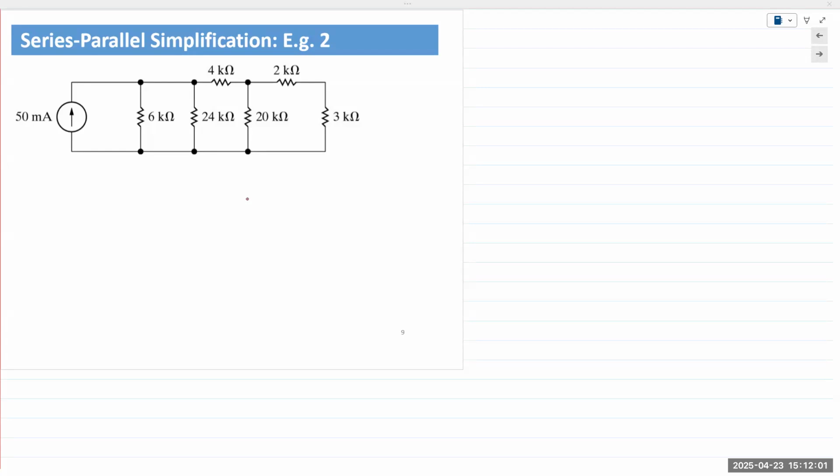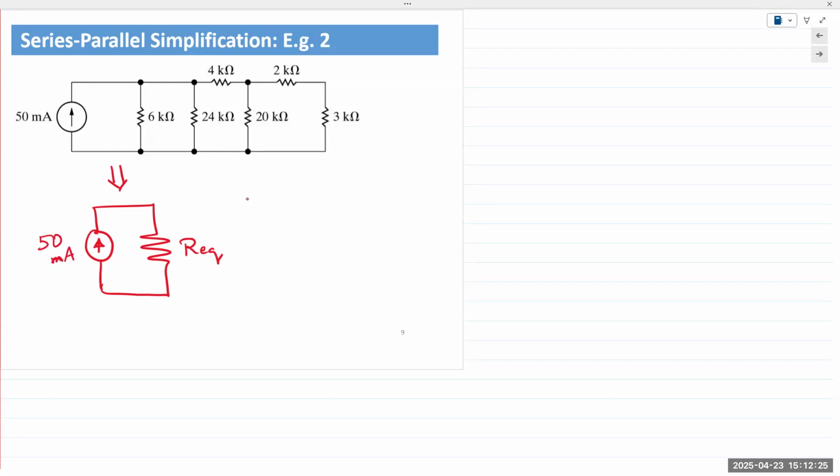Okay, so let's begin. Take your calculators out and we'll go along solving. So what we want to do is reduce the circuit to one single Req resistance as seen from the perspective of the current source.